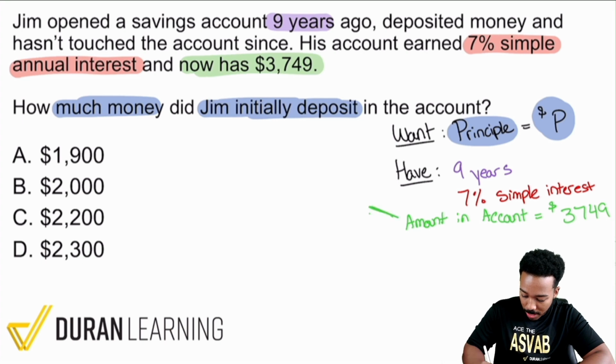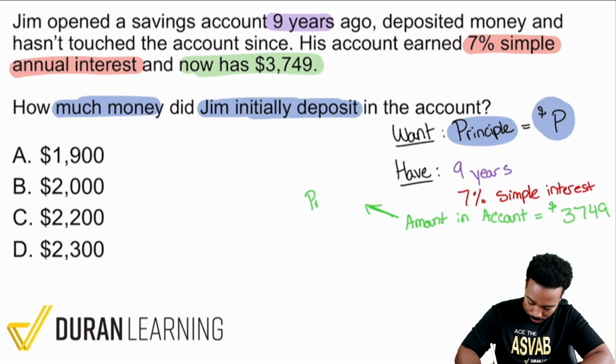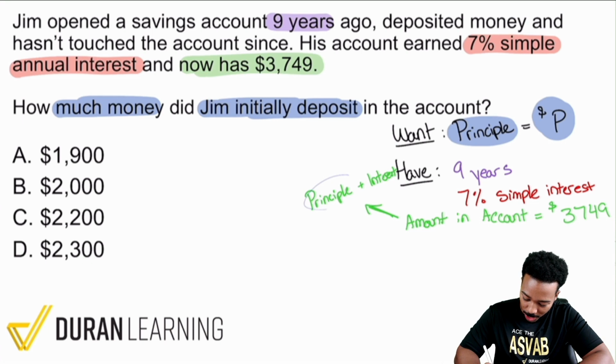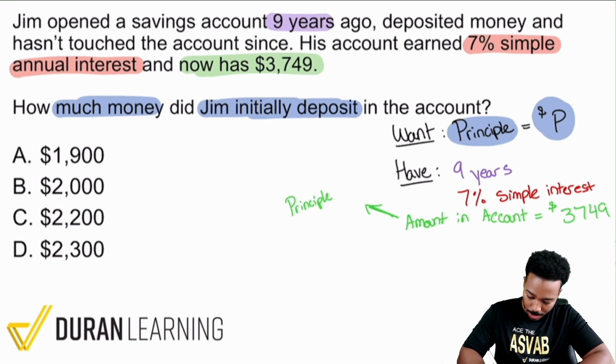This right here, the amount in the account, that is the initial amount, so principal plus interest. All right, that's the principal plus the interest. And let me go ahead and just not shortchange you. Let me write that as cleanly as I can here. Plus interest. All right, my party people.